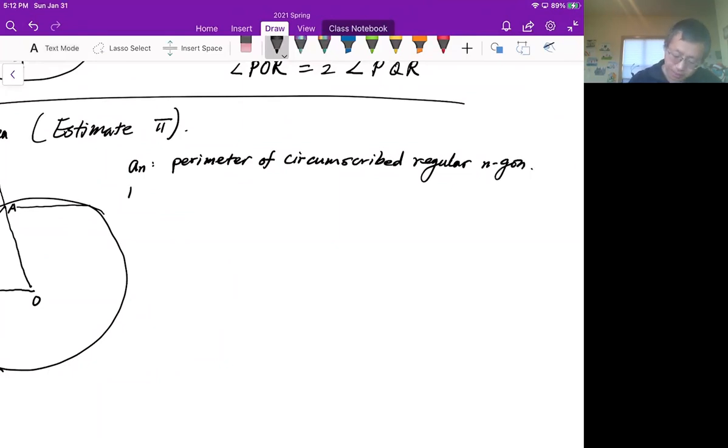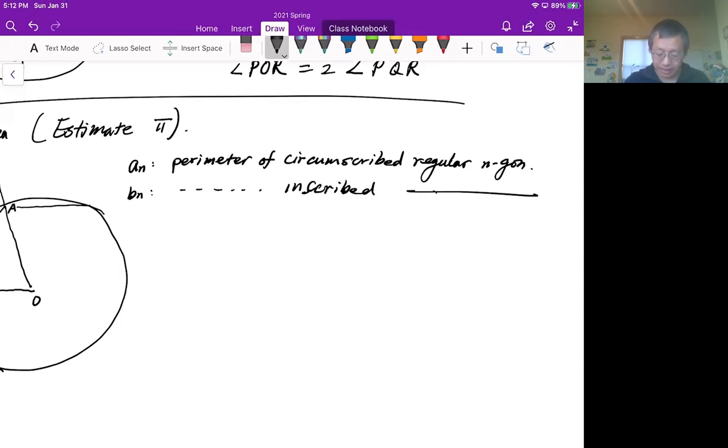And Bn, I'm going to use for the perimeter of the inscribed regular n-gon. And let's assume that it's a unit circle.